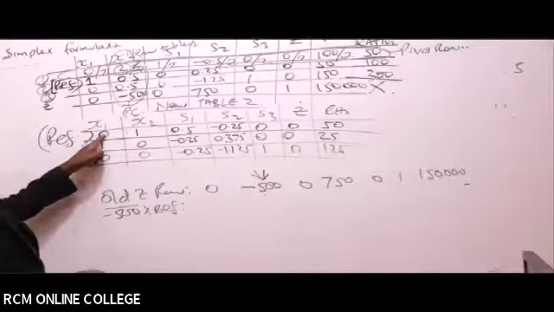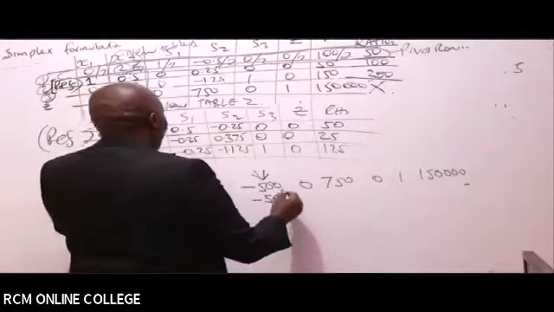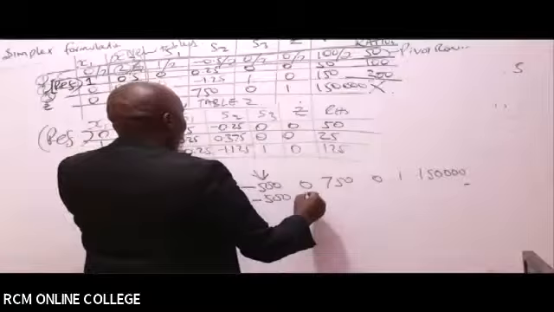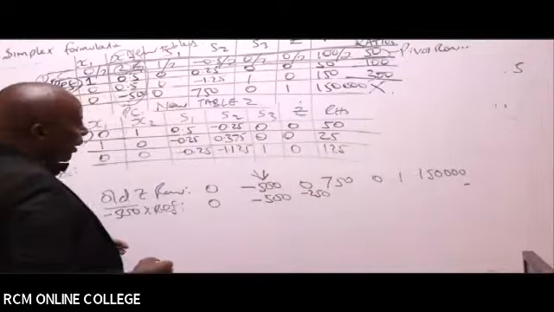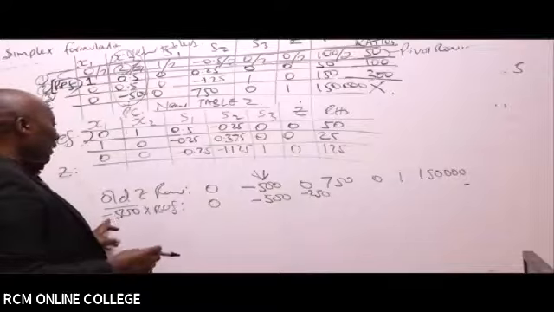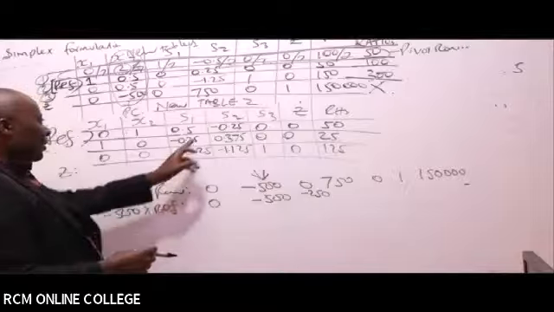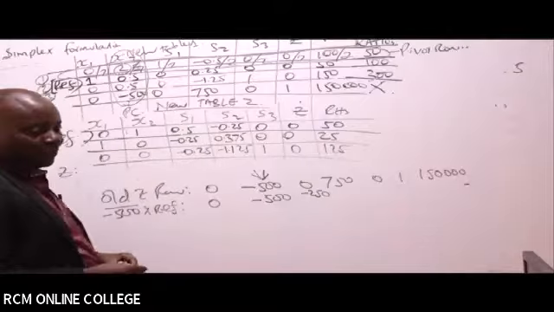So minus 500 times this gives me 0. This gives me minus 500. This gives me minus 250. The next one, you guys have to be kind enough to give me the answer. Minus 500 times this minus 0.25 will be positive what?